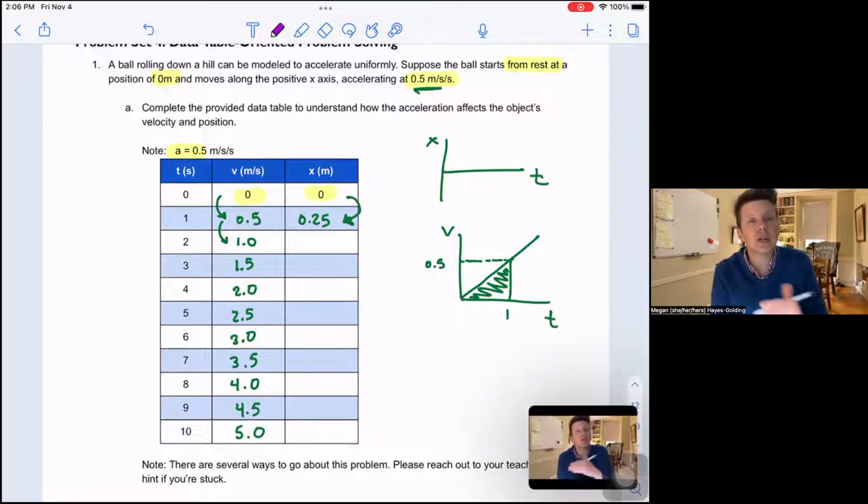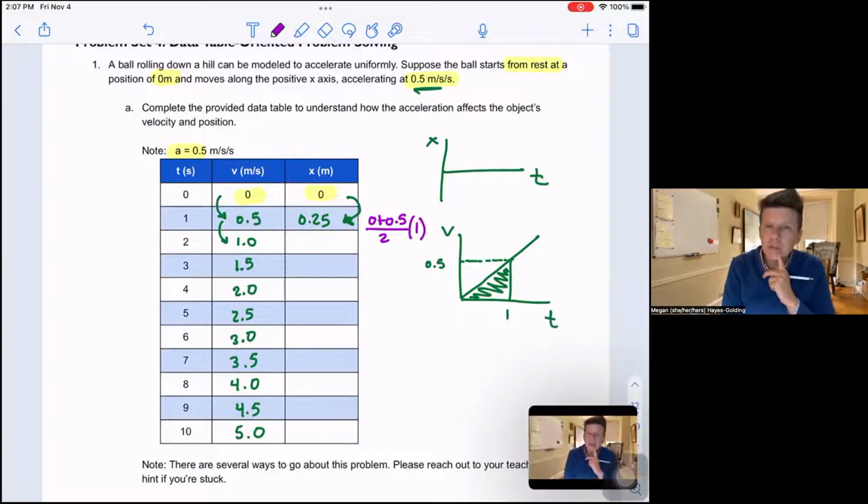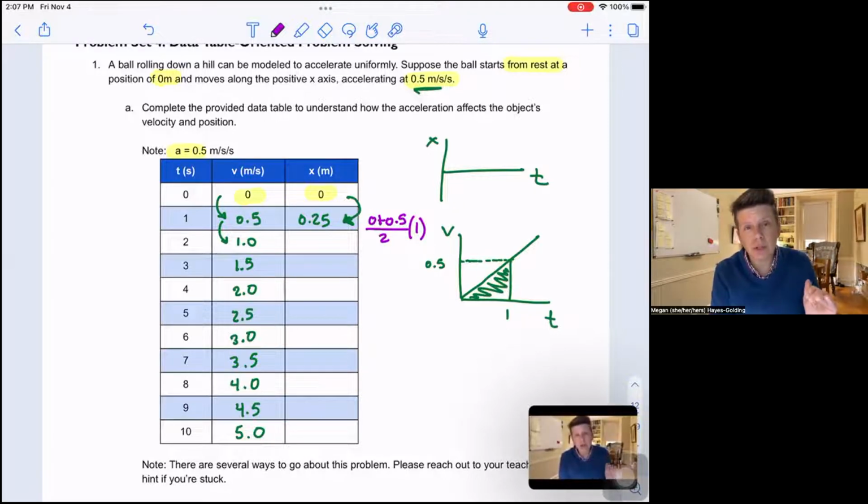Multiply the average velocity times the time interval. So average velocity is 0 plus 0.5 over 2, times the amount of time. Half of a half again, back to 1/4.